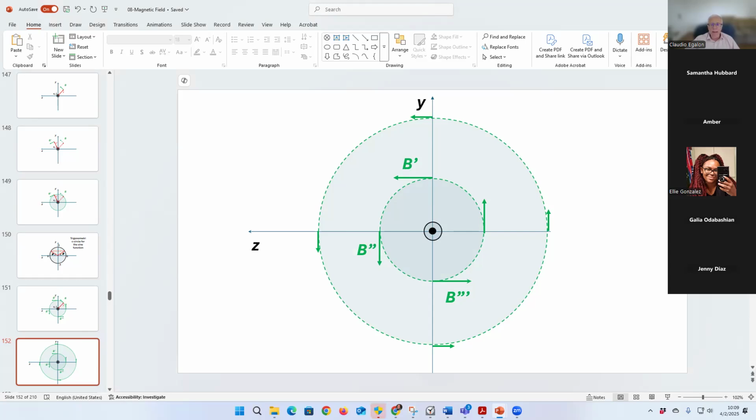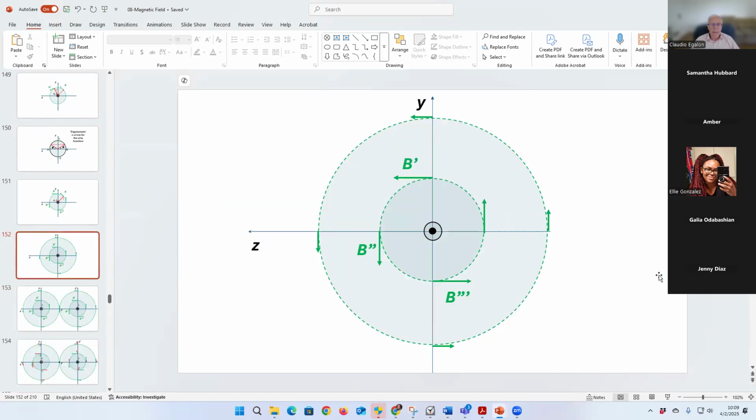And it is circulating in the counterclockwise direction because the electric current is coming out of the board. Okay, that's the qualitative treatment.